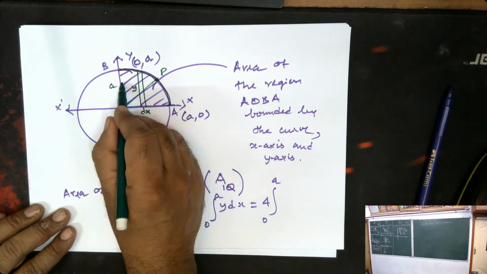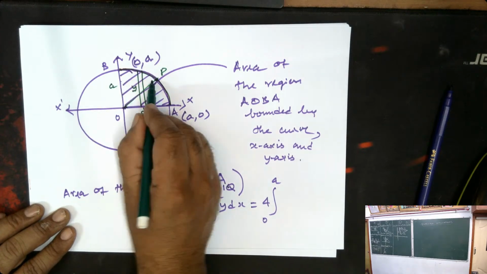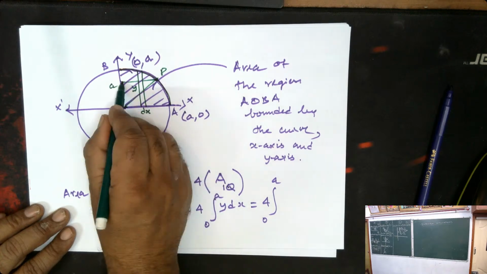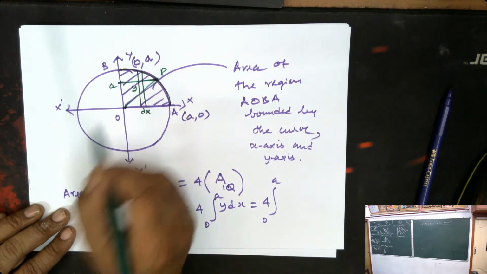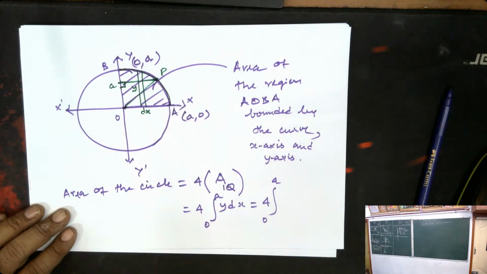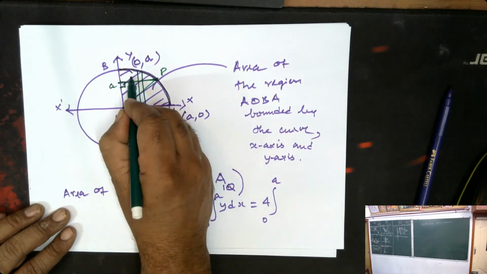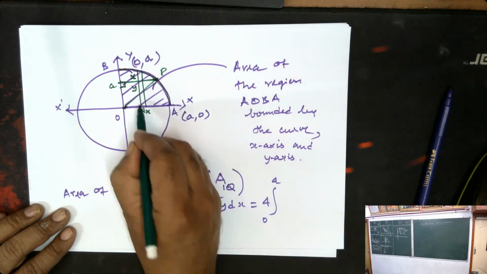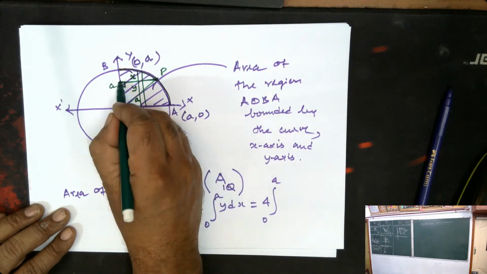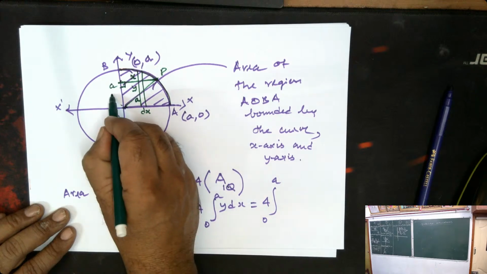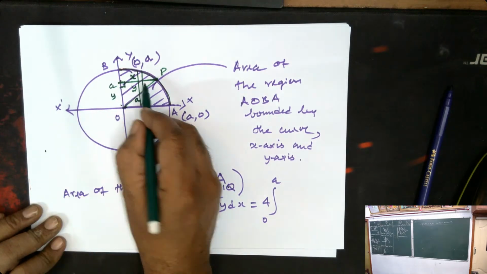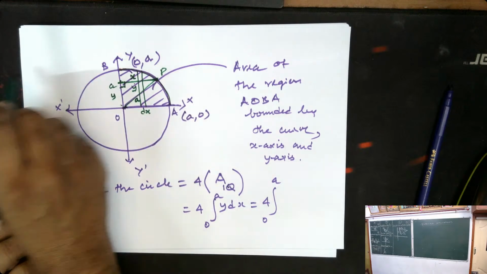The x-axis is this one. Let us draw like this, and it makes a right angle here. Now you have the x-axis and you have the A, and what about the respective y here? Let me draw this diagram clearly here.